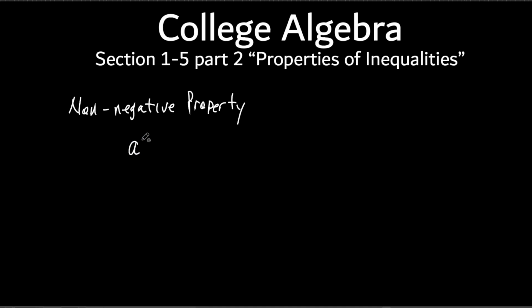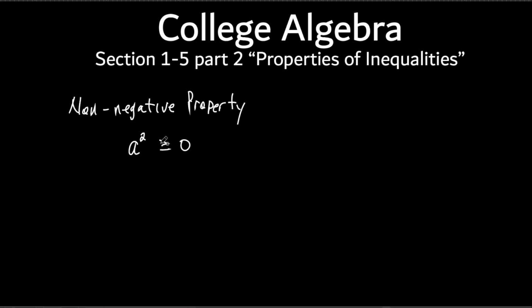So this is how they write it. In the book, they write a squared is greater than or equal to 0. So why is that non-negative? Because no matter what number you put in for a, if you square it, it's always going to be greater than or equal to 0, which means it's going to be positive.